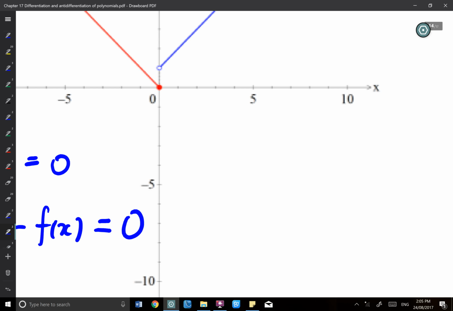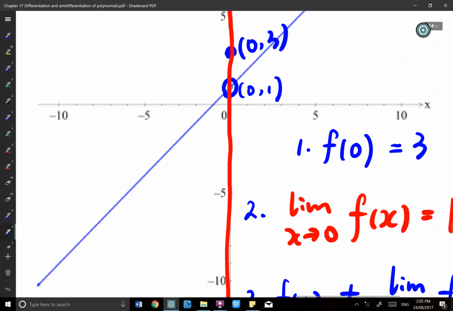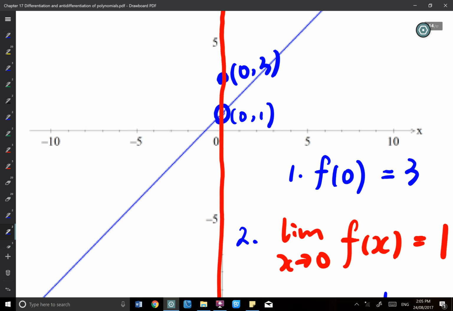Connected means there's no hole, no jump. At x equals 0 here, it's not connected. It's an open circle. So on the graph, it's very easy to see it's not continuous when it's not connected. So you can forget all the theories and you only need to check whether it's connected or not.